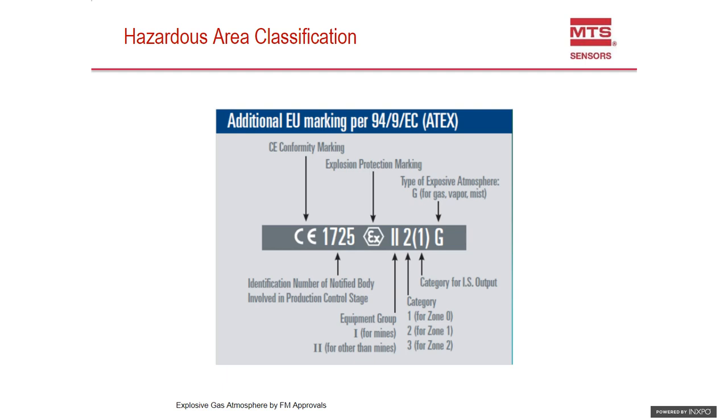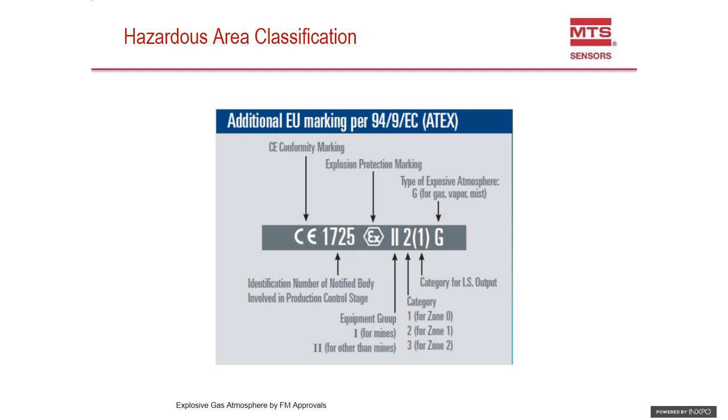And then next to that, you have the zone classification, but instead of written Zone 0, Zone 1, Zone 2, they write it as a category. So you have Category 1, 2, 3, and for whatever reason, Category 1 lines up with Zone 0, Category 2 with Zone 1, Category 3 with Zone 2. And then the last part of it is we have a designation as far as if this approval is for gas with the letter G, or for the letter D for dust.